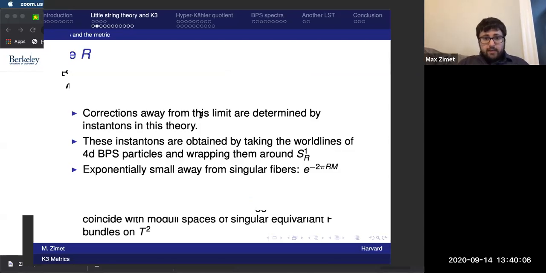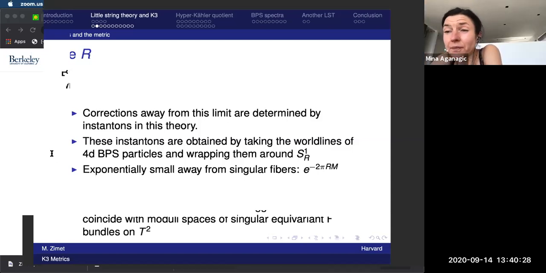Okay, so the corrections away from this R goes to infinity limit are provided by instantons in this little string theory. And those are obtained by taking the world line of some 4-dimensional BPS particle and wrapping them around this large circle. I'm sorry, I interrupted you, so now I forget what the limit was.